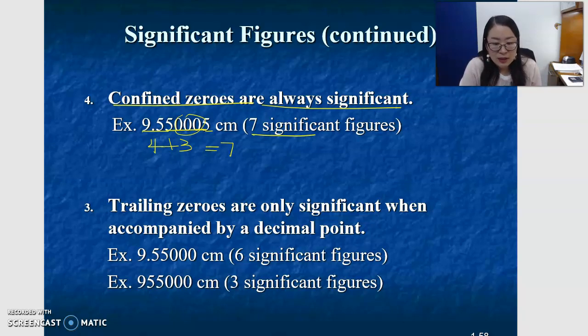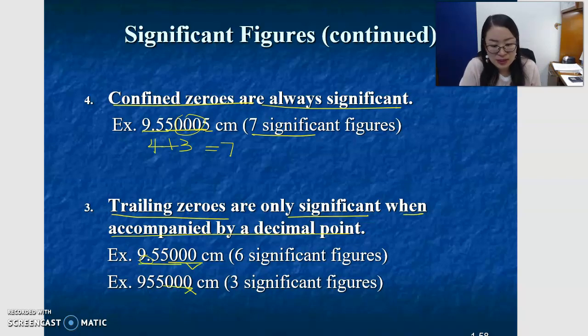The zeros after the non-zero digits are usually the troublemaker. Trailing zeros are only significant when accompanied by a decimal point. If you have a decimal point, these will count. If you don't have a decimal point, these 3 don't count.